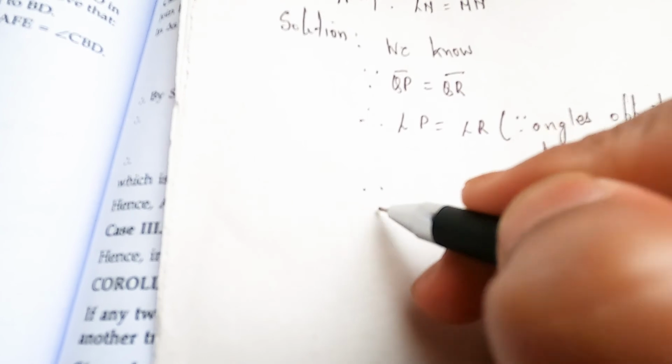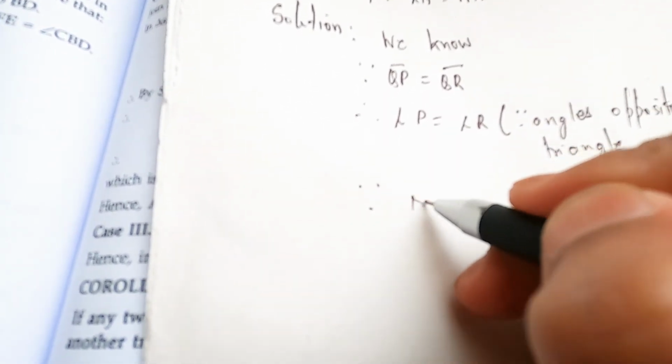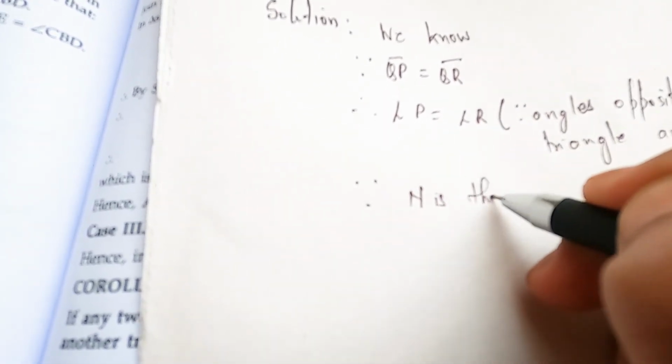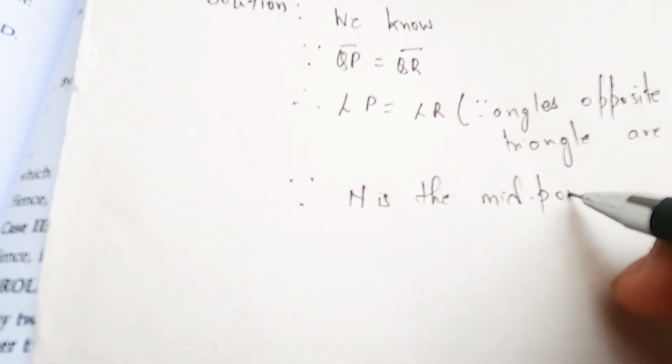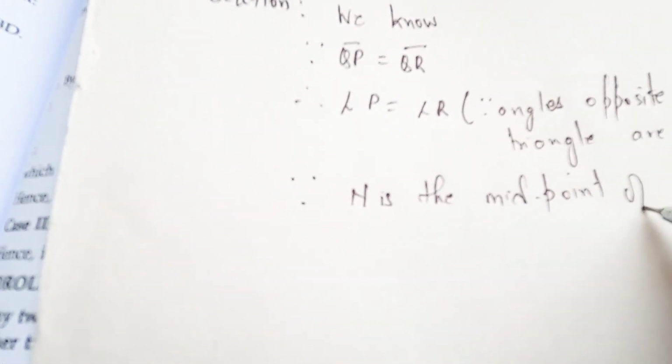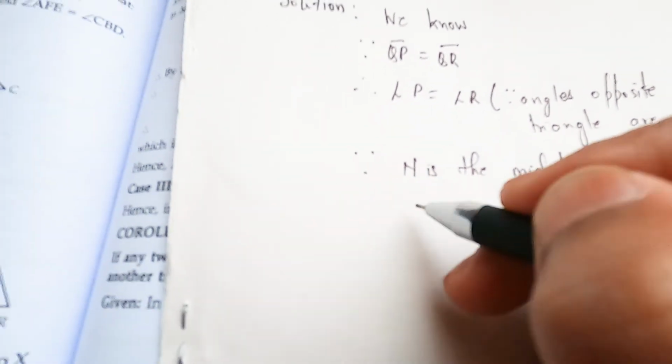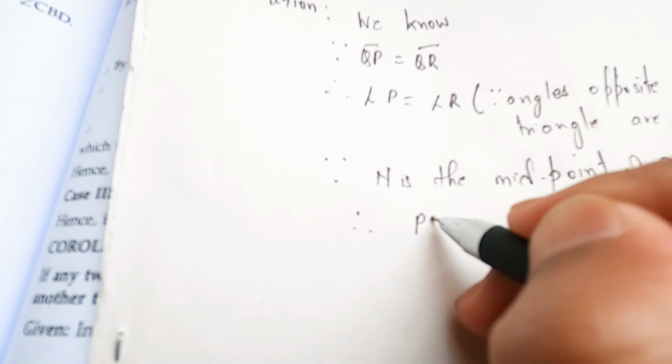Now also you write here, since N is the midpoint of PR, therefore PN is equal to NR.